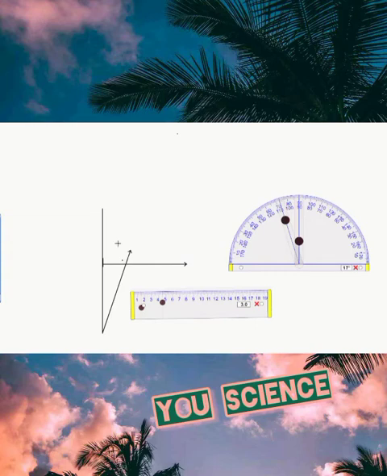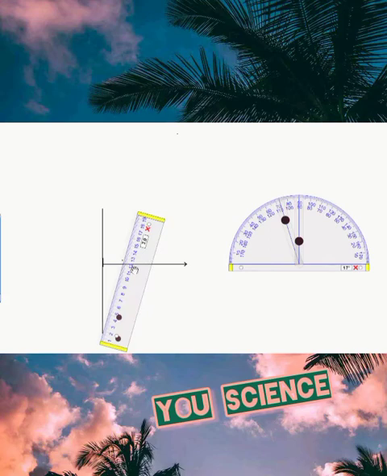Okay, need to adjust that to get the exact position. So I have to draw a line through this, from this point down to this.